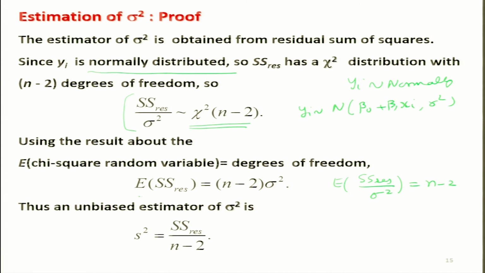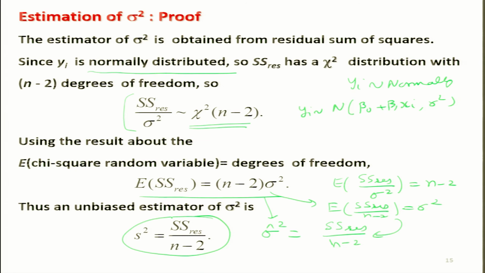So, I can write that the expected value of SS res is equal to n minus 2 times sigma square, and from there sigma square hat is SS res divided by n minus 2, right. Or, in a simpler way, SS res upon n minus 2 estimates sigma square, and this sigma square hat is indicated by S square. So, now S square becomes an unbiased estimator of sigma square, right.